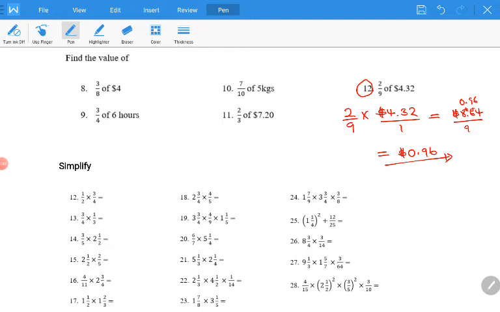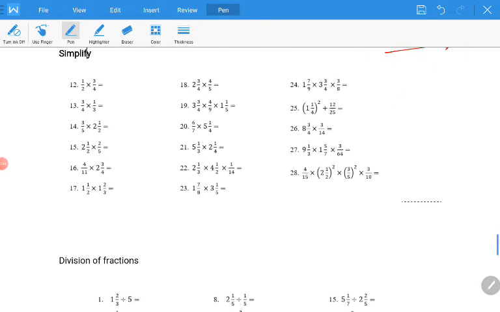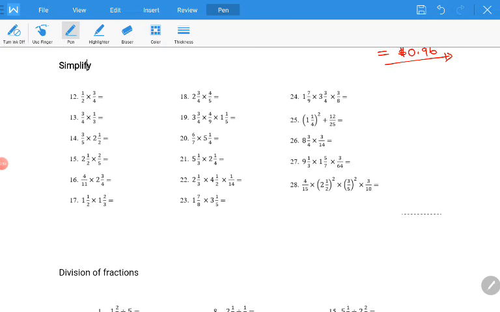Okay, now let's look at multiplication of fractions. I would look at question 13. So if we are given 3/4 times 1/3, if it is in multiplication, this 3 and this 3 cancel each other out and we have 1 and 1.